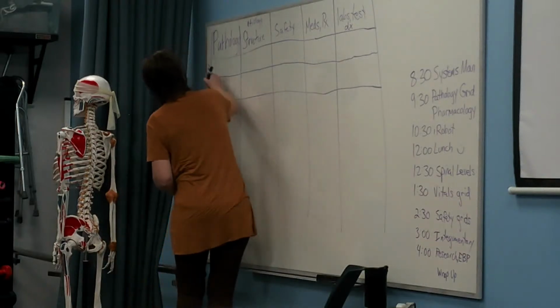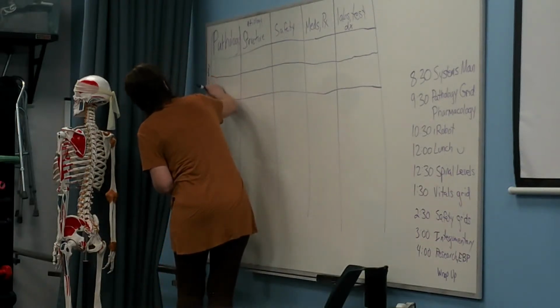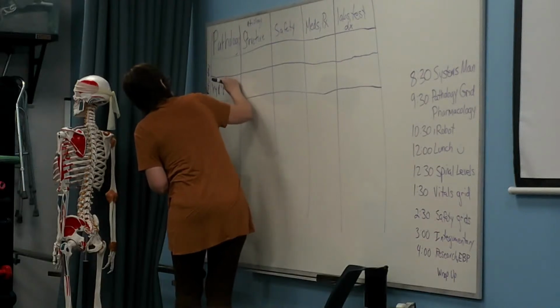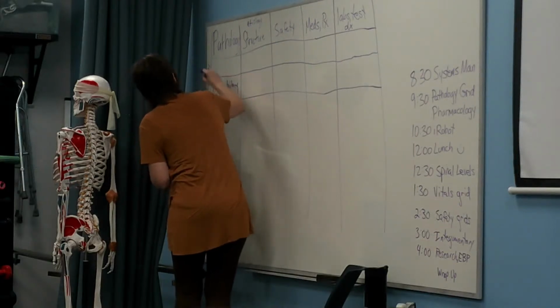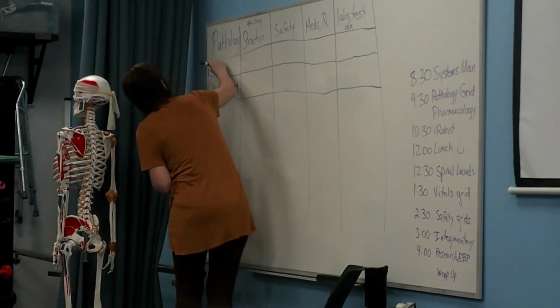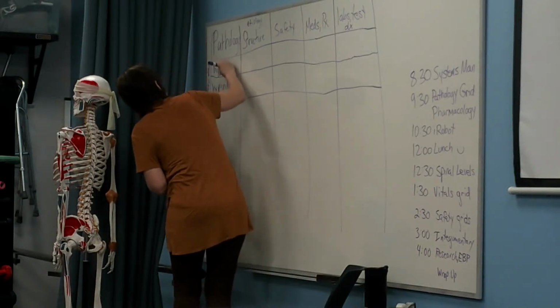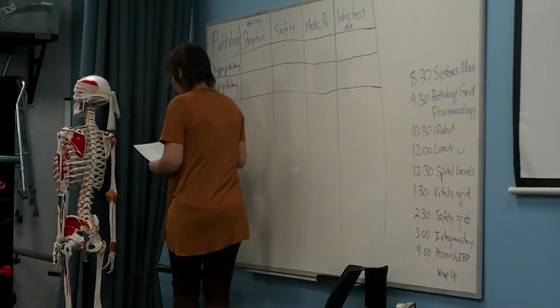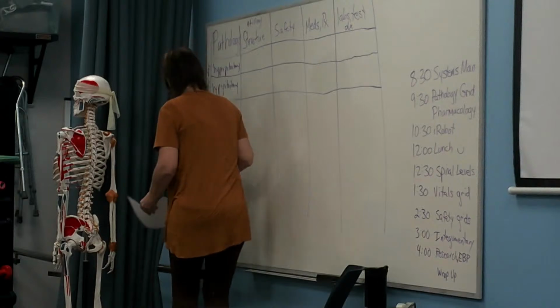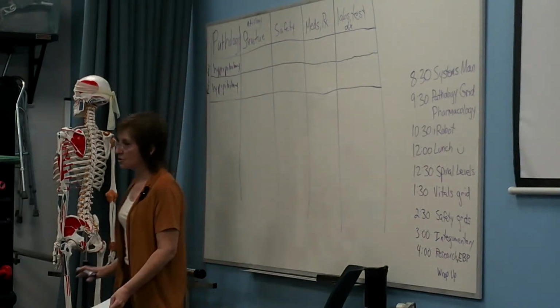That's just how my brain's working. I'm going to put hypopituitary, and I'm going to put hyper on top, but that's how I think. So the pathology is hyper and hypo. Now, those aren't really the pathologies, but we'll get to those.